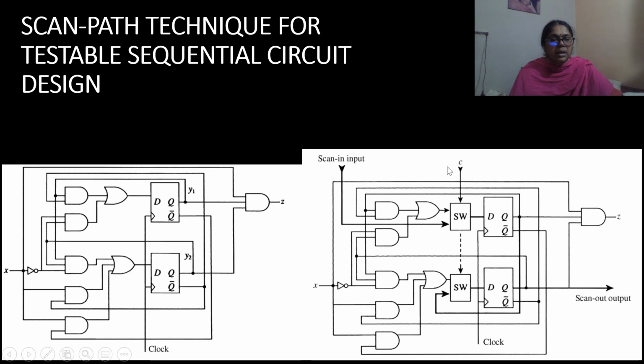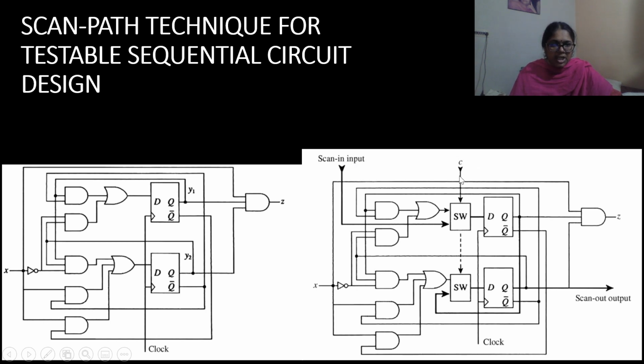Now set C equal to 0. When we had changed this to shift register mode, depending upon the scan-in input, we have now set the states of these two flip-flops by giving the required scan-in input.